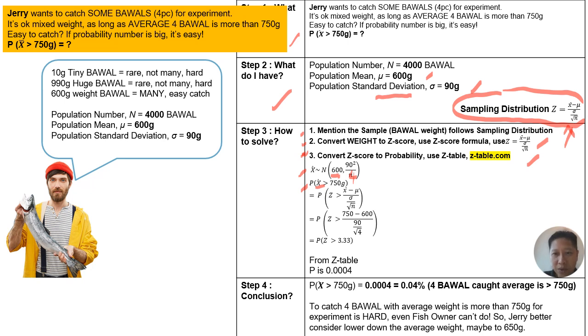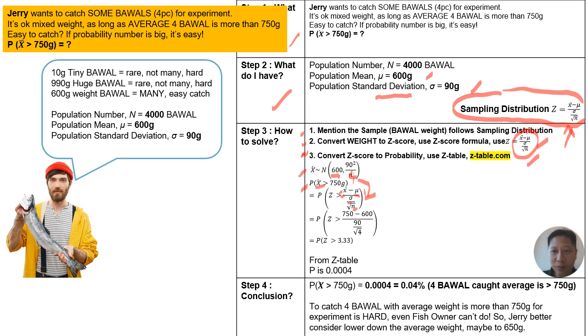From gram, the weight, we want to convert to the Z score. So we will replace the 750 gram with this formula here: x bar minus mu divided by sigma divided by the square root of n. The x bar here is the average weight that we want.